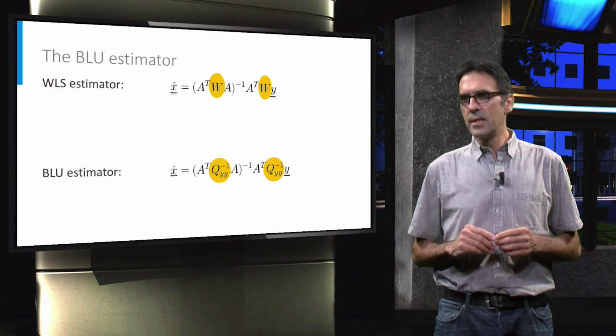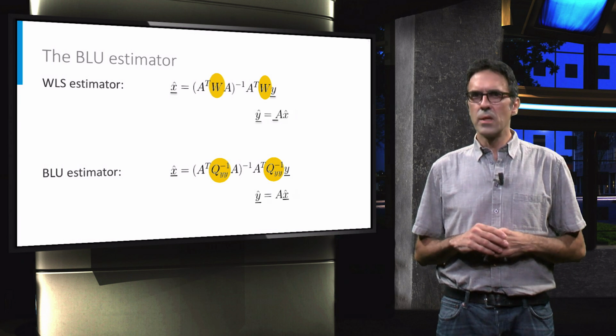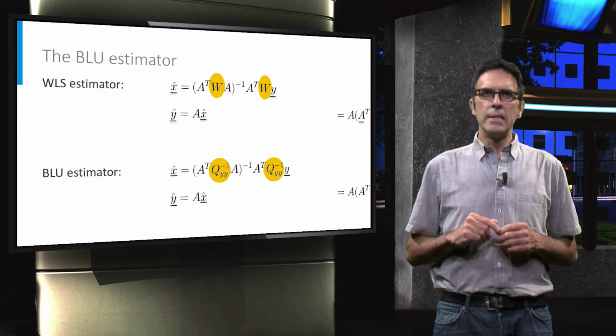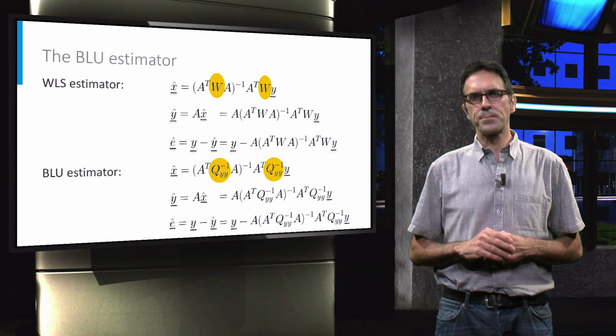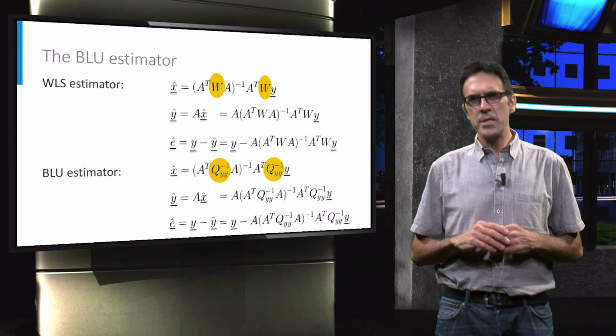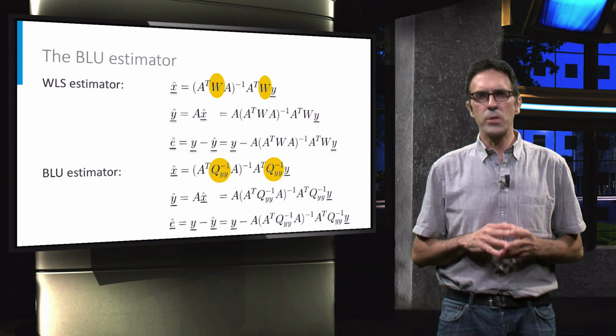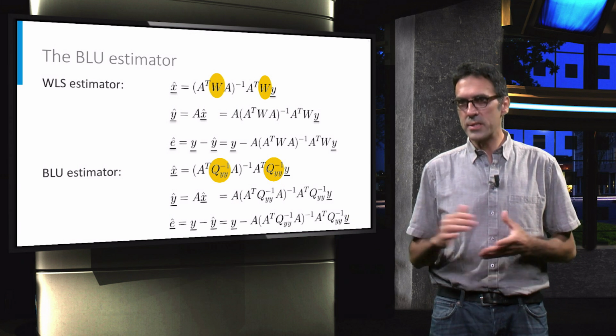To be complete, the similarity in the equations also holds for the y hat, which can be elaborated further, and the e hat, which is elaborated in this way. Now, there are a lot of equations on this slide, which may seem difficult if we present them in this way. But remember that a large part of this just follows from filling in the expressions.